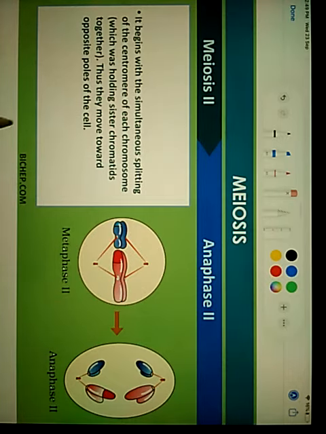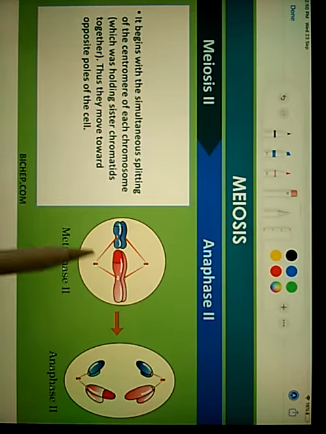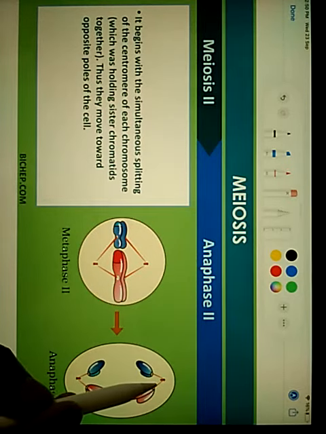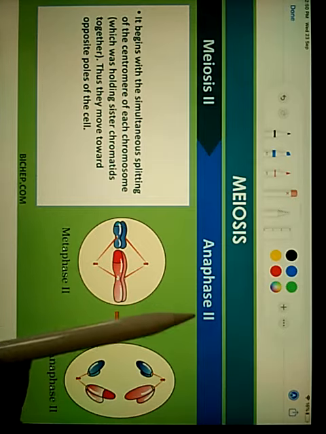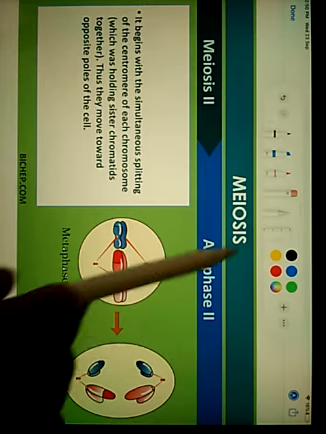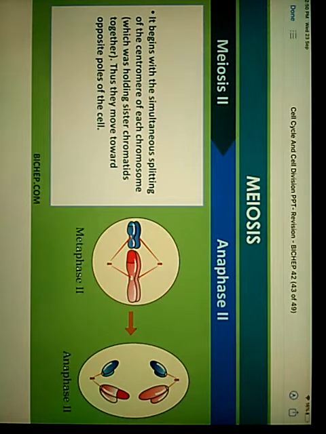When it splits, they move toward opposite poles of each cell. They are easily detached by splitting, and due to the contraction of the spindle fibers they move towards their respective poles. That's the important phenomenon happening in anaphase. Please take the screenshot.